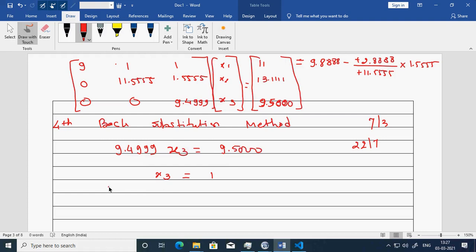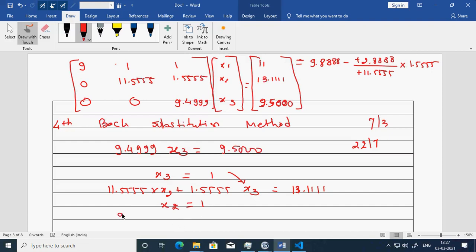From the second row, I can write 11.555 into x2 plus 1.555 into x3 is equal to 13.111. x3 I am already aware of, that is 1. So if you solve that, you get x2 equal to 1.